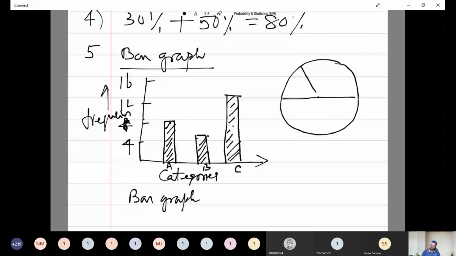This is 20%. This is 30%. This is 50%. We have to make different colors or different patterns like this. This is the pie chart. Or you have to distinguish with different colors also.